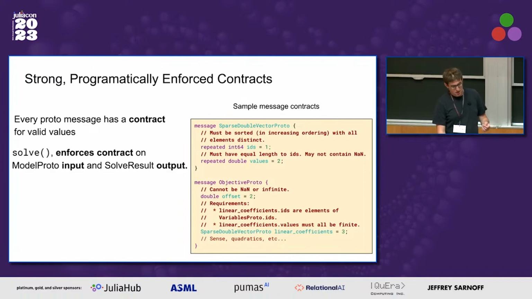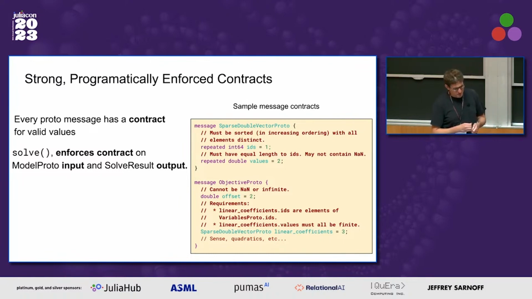And then in our solve function, when we call solve, we check. We have a function that will check that the contract is met and return a status error if the contract is violated. And then we can propagate this error. In C++ at Google we don't throw exceptions, we have to return an error instead. And then in Java and Python, this will be propagated as an exception.